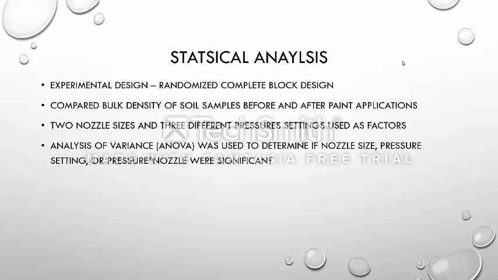ANOVA was used to determine if the nozzle size, the pressure setting, or the nozzle times the pressure setting were significant in affecting the bulk density of these soil samples. And I will show you what I did in R right now.